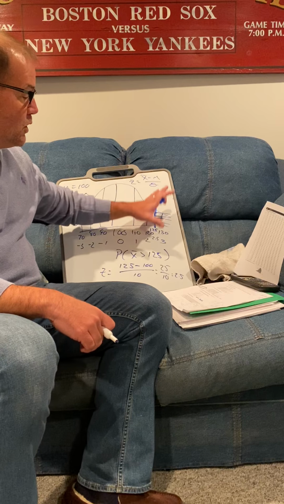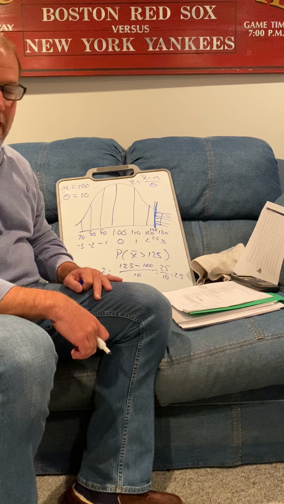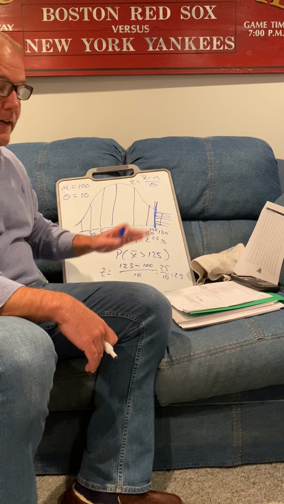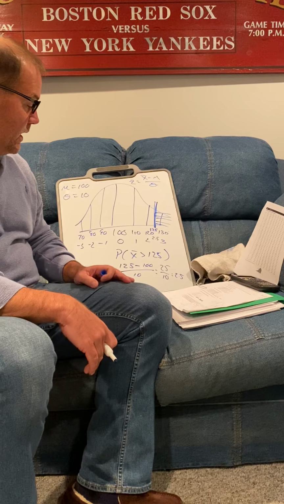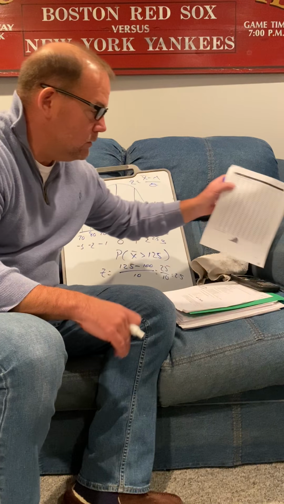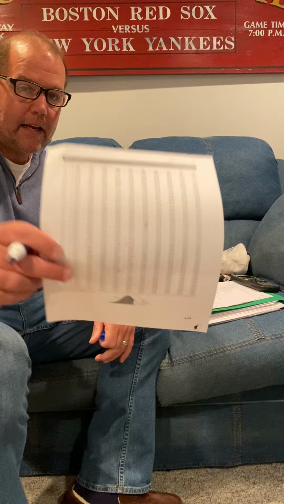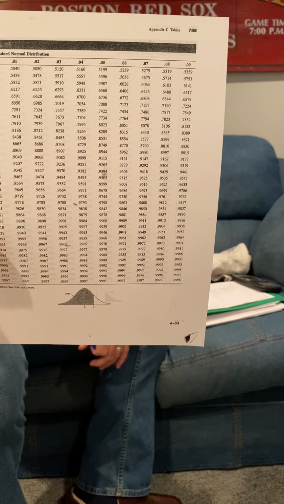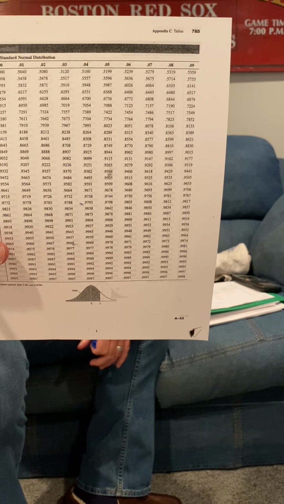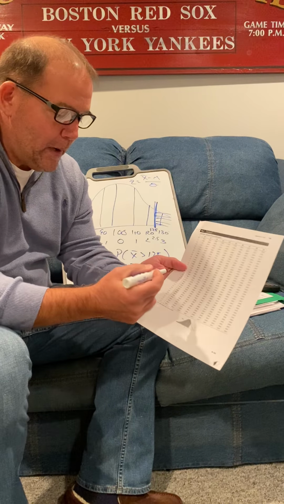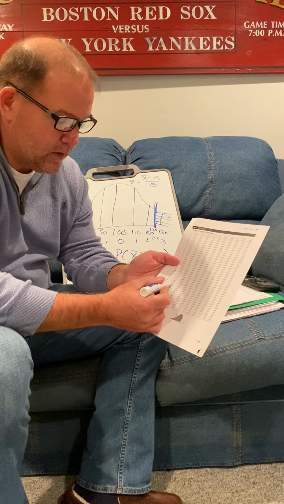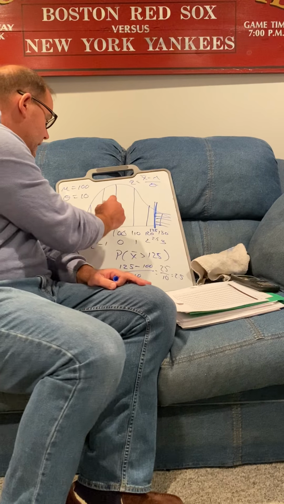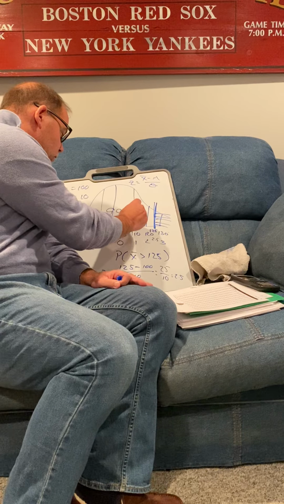Normally we're not going to draw all of this into our picture. I was just giving you an idea of what it would look like. We're going to go right to that formula with a little bit less of a picture and come up with that z-score. Now, looking at your normal distribution table, this is table E, which was in your packet, and it's also downloaded on Google Classroom. When we look for 2.5 in the first column, 0.9938 is the area to the left.